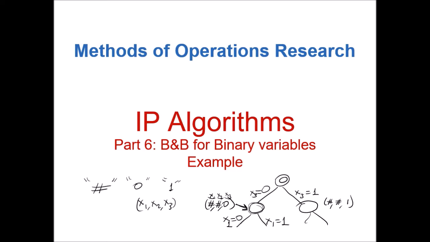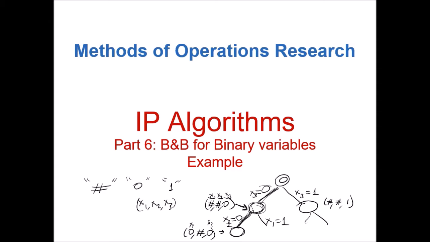And here, if we consider, for example, this branch, now the x1 value is fixed to 0. The value of x2 is free, it is not fixed yet, but the value of x3 is fixed to 0. So starting from here, if you go up to the root node, you can find all the fixations. Here the x1 value is fixed, so it is 0. Then here the x3 value is fixed, so it is 0.